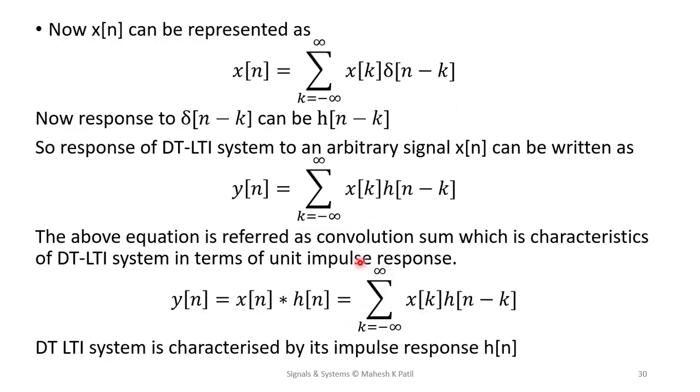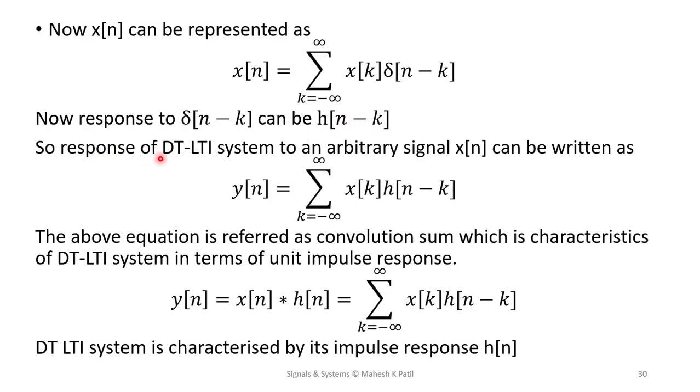So likewise we can write x of n by considering the unit impulse sequence as x of n equal to summation k varies from minus infinity to plus infinity x of k delta of n minus k. Now the response to this delta of n minus k can be considered as h of n minus k, meaning the impulse response.